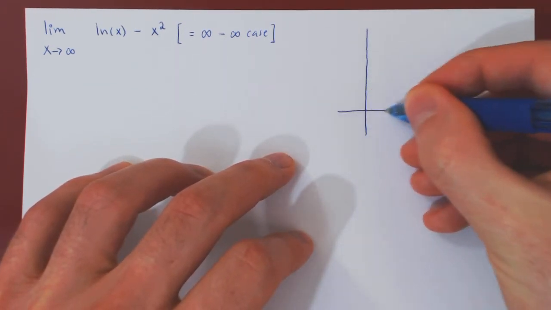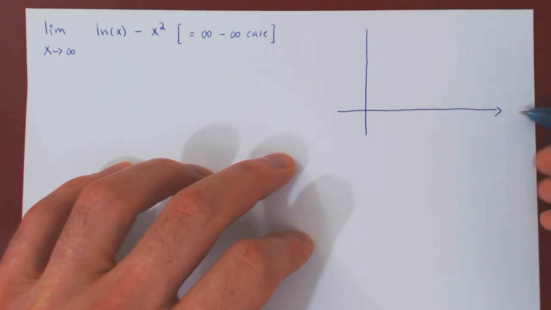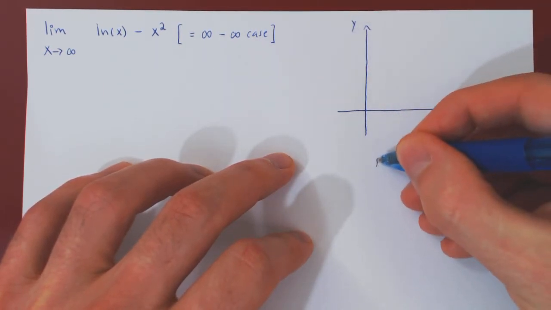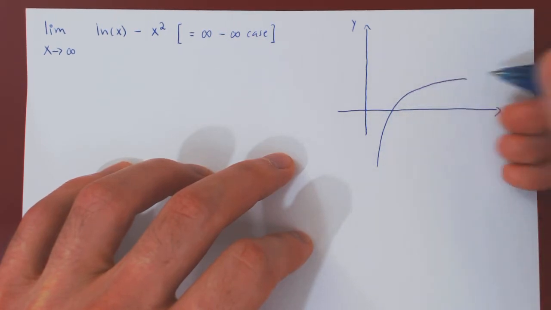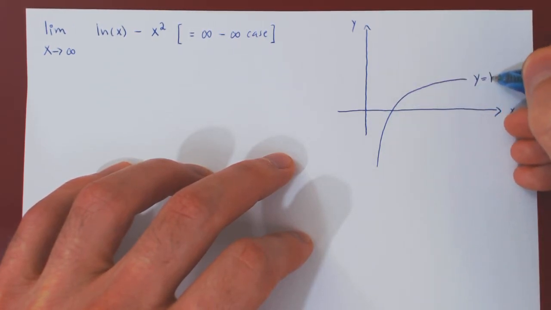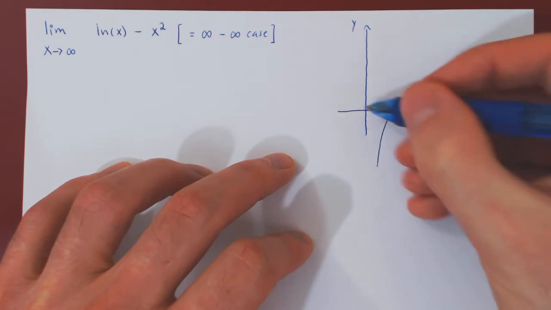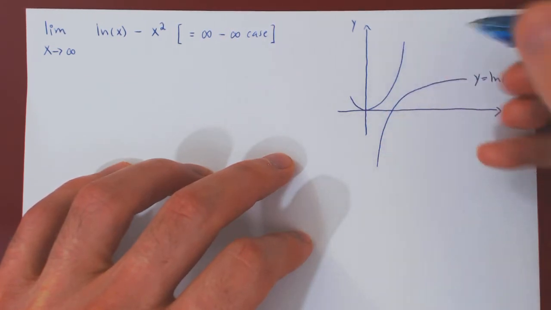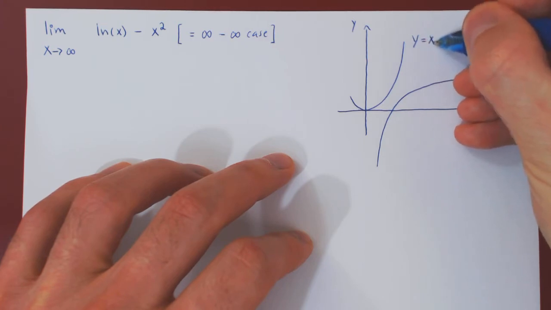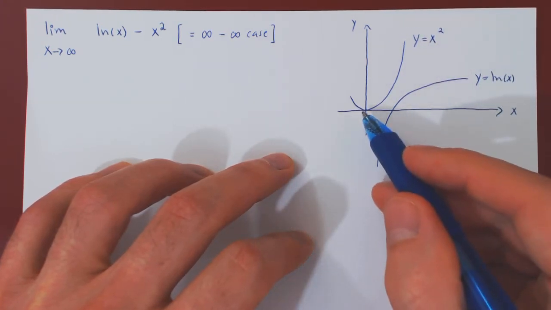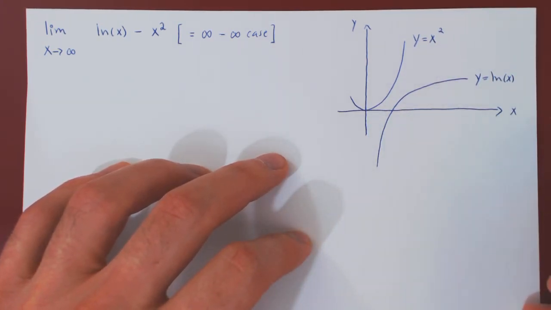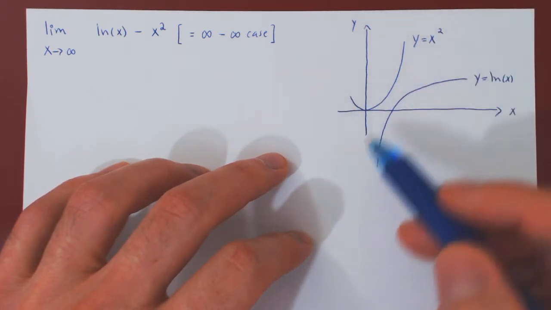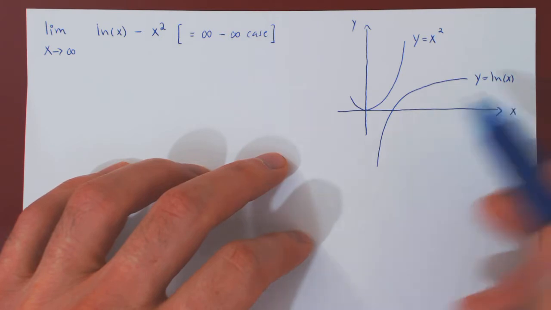So, if we produce a rough sketch of both ln of x and x squared in the xy plane, so here's y equals ln of x, and here's y equals x squared. We can clearly see that as x goes to infinity, x squared will increase to infinity much faster than ln of x.